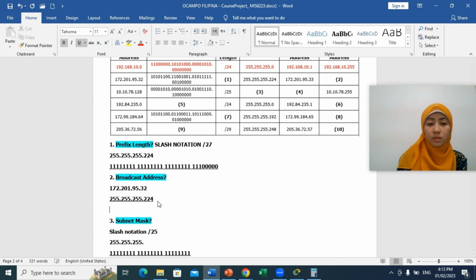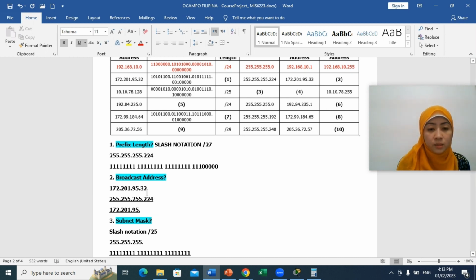For computing the broadcast address, there is a rule: when you see 255, it means we just bring down the value of the IP address corresponding to 255. So here, we have three 255s, so we bring down those values until here.